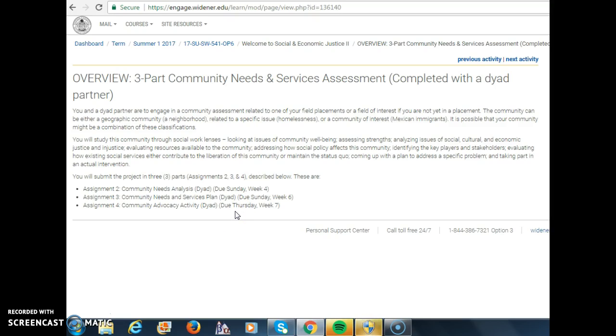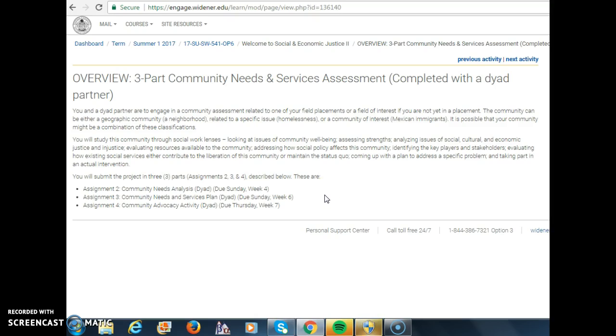Another way to think about this assignment, I know from reading your introductions that it sounds like most of you have been involved in direct client practice and social work at the individual level. And so most of you, I think, are probably familiar with conducting a needs analysis, or really an assessment of an individual and what an individual's needs are. Then, based on that assessment, you've developed a service plan to address the individual's needs.